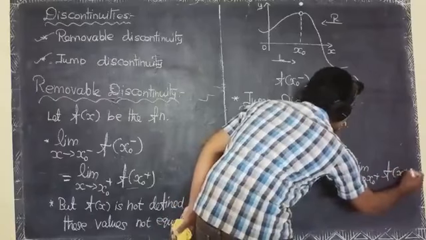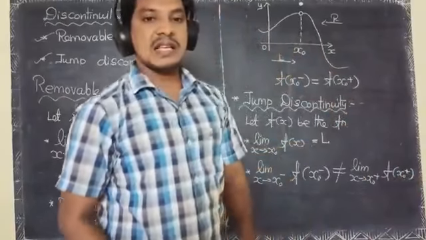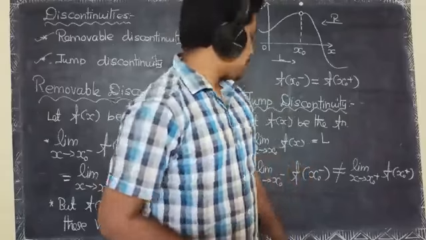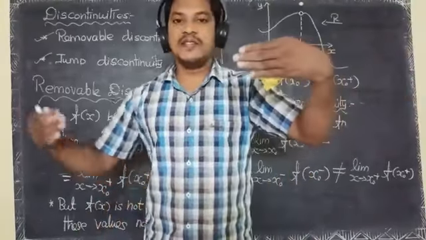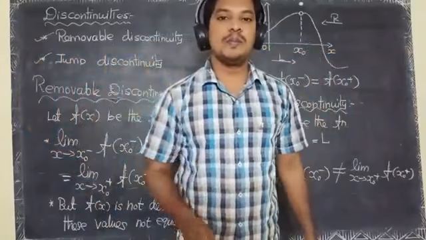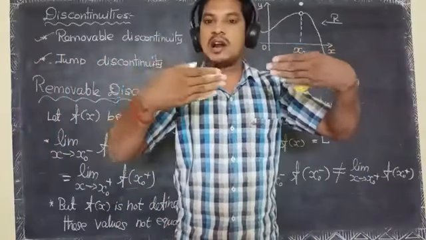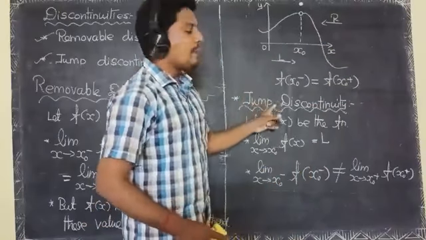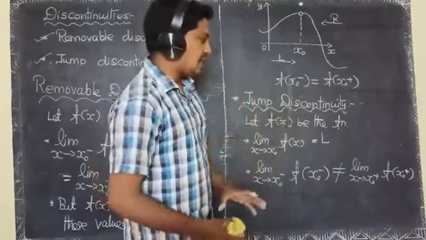Here the function is defined, but both end values are not equal, therefore the given function is called a jump discontinuity.